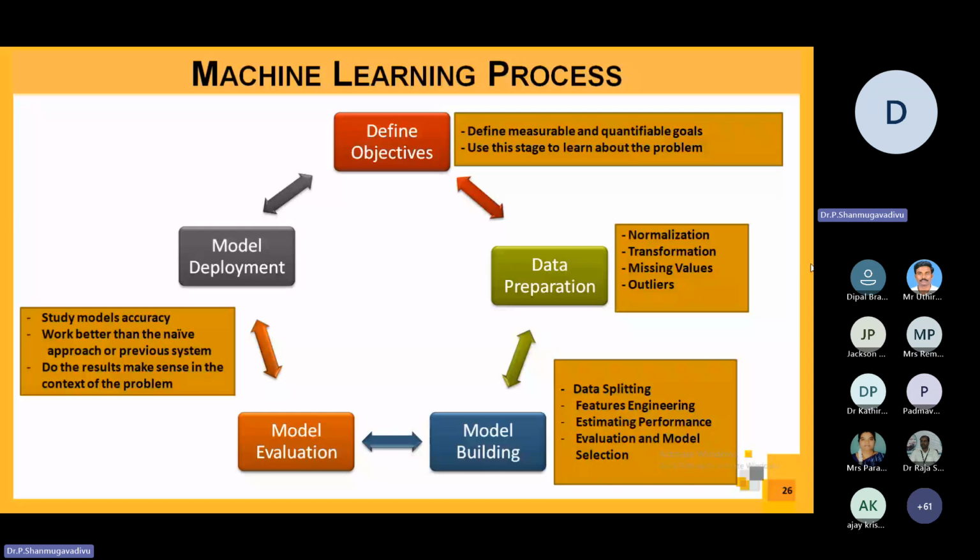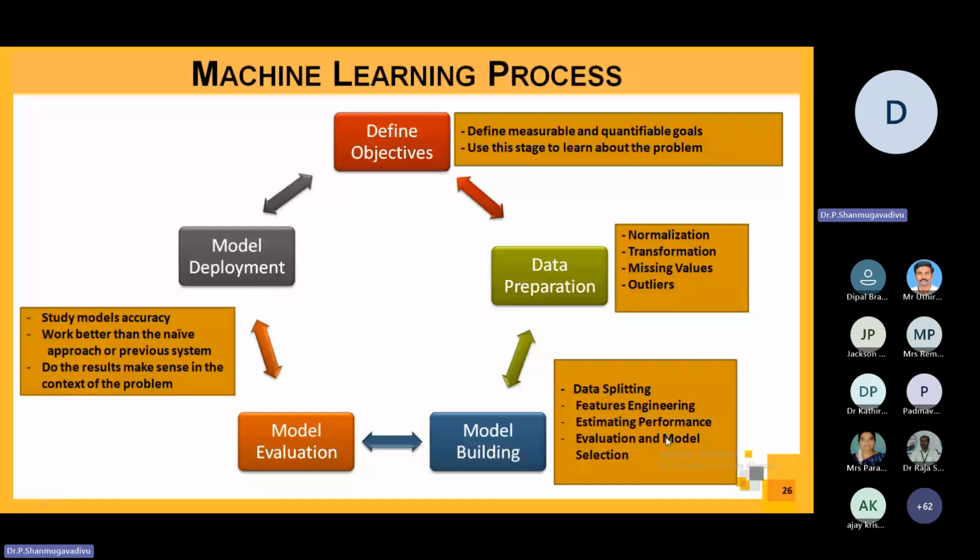Okay. So study whether the model works more accurately than the naive approach or previous system. Here, I'm just reading this. So we started with this. You could see here, now this is a cyclic process. There is no hard and fast rule that I have to follow a systematic way and then do it. For easy understanding, they have given this, but however, as you take the model, everything is taken care of by itself.